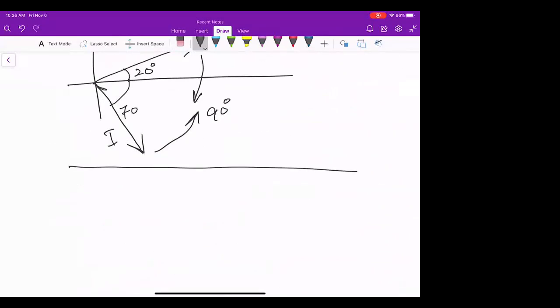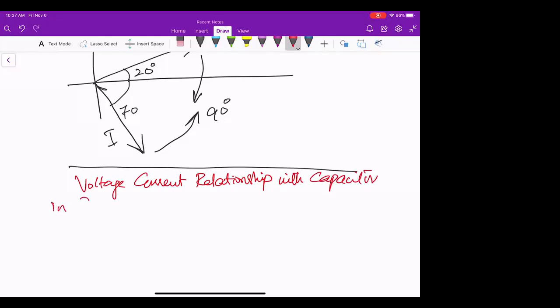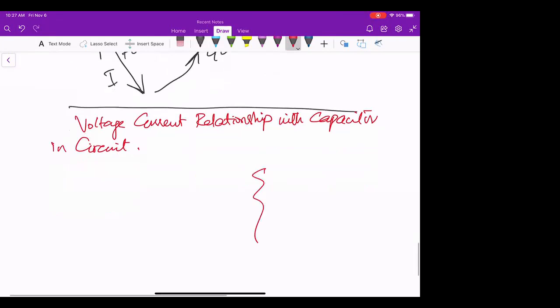Now let's see how the capacitor's voltage-current relationship will behave. With a capacitor in the circuit, this will be my V of t.